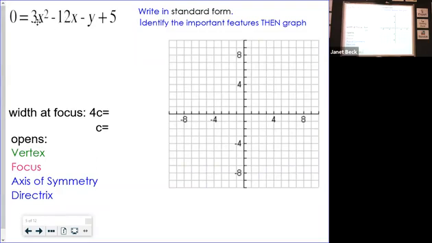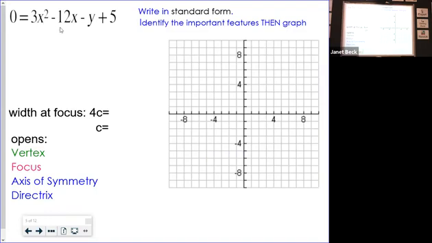So that means on a parabola, we're going to split our x's and y's apart because only one of them will be squared on a parabola. When we get to an ellipse and a hyperbola, both variables will be squared, and we'll end up just moving things like the constant. But on this parabola, our x's are being squared.